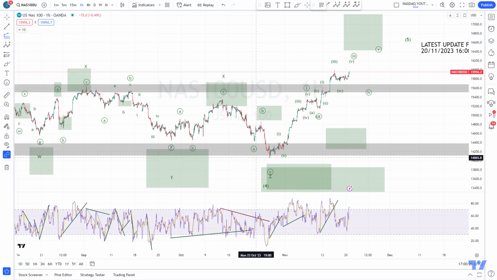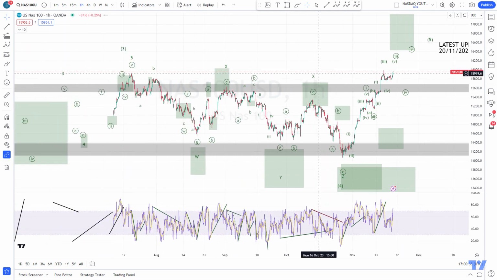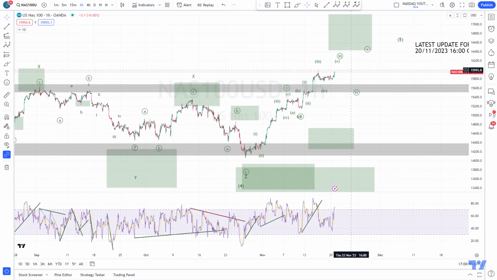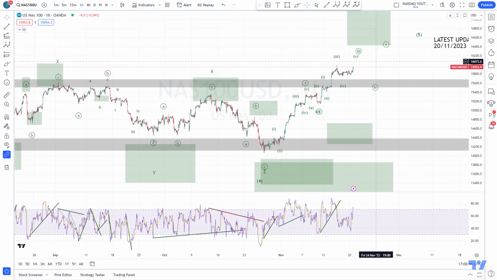From here we can react, I think, if we take the length of the wave 1, the length of the wave 2, then here this area between the 1 and the 1.618 extension is usually an area from where we can expect a reaction. So as you can see, not much upside left.